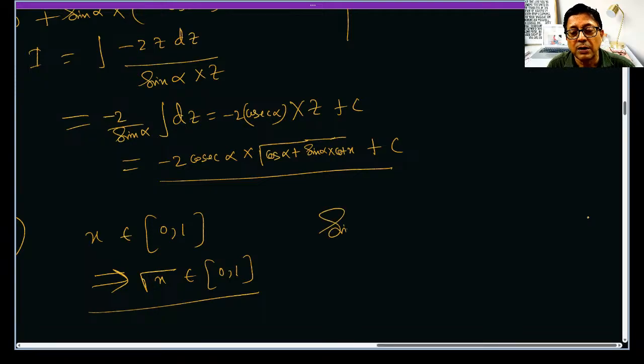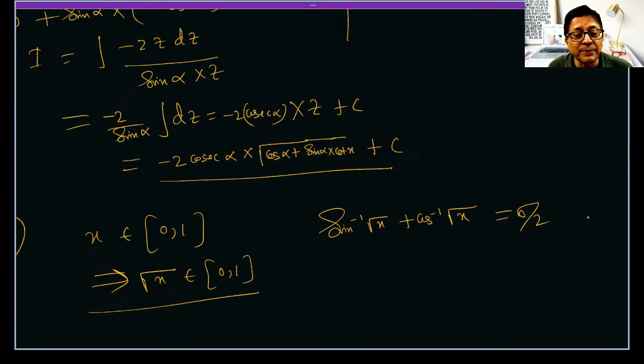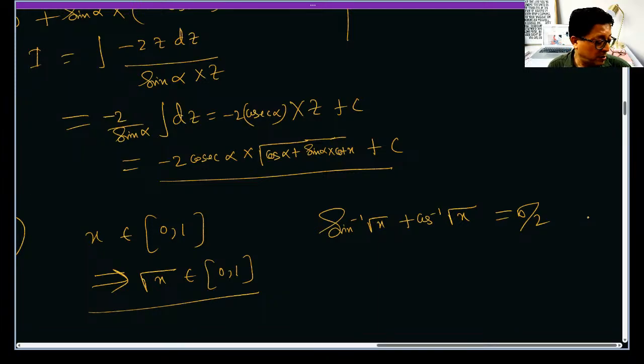Now sin inverse root x and cos inverse root x, we can write the sum as pi by 2 because both belong to this interval.